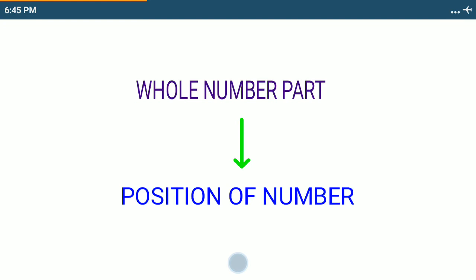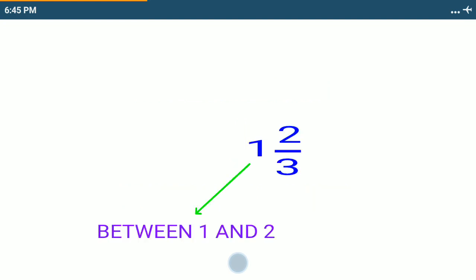Students, the whole number part tells us the position of 5 by 3. So 1 tells us that the rational number 5 by 3 is between itself and the next whole number.